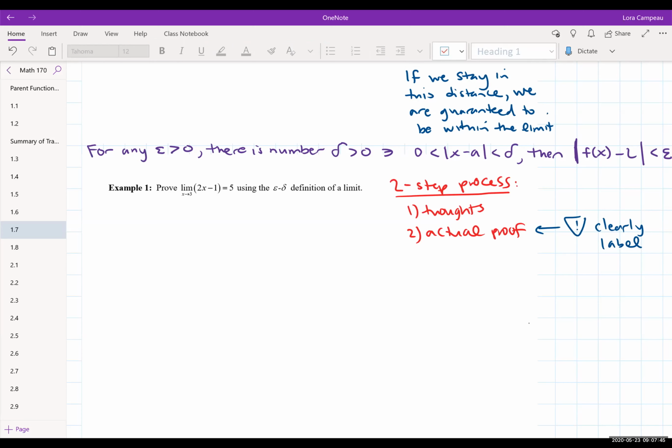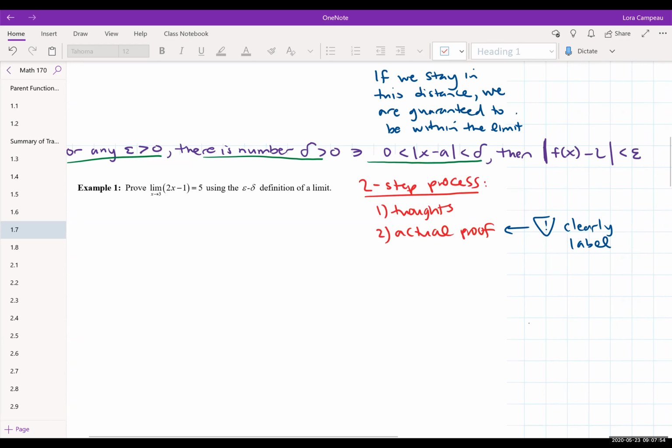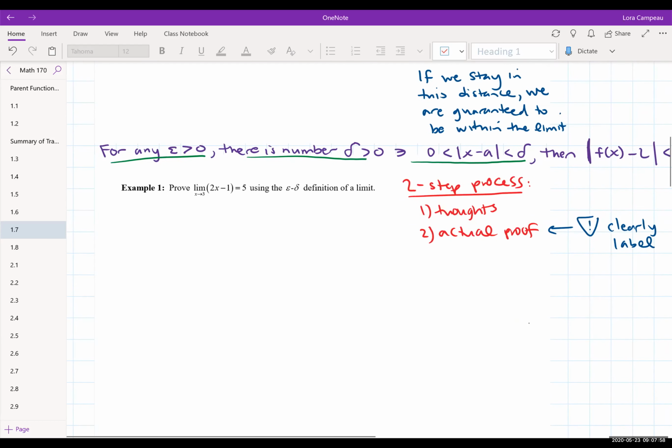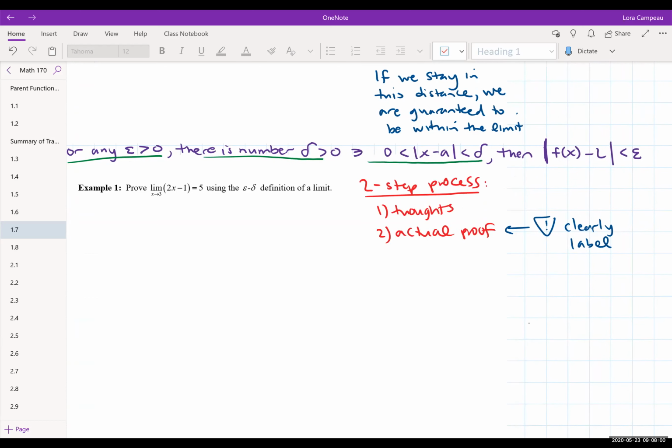For any epsilon greater than 0, there's the number delta greater than 0 such that this is happening. And if that is the case, then we could talk about the conclusion. f of x minus L, the absolute value of that, or the distance between the function and the limit, is less than this value epsilon.